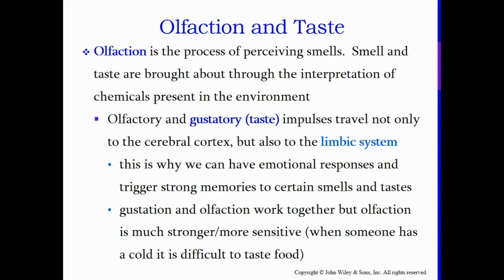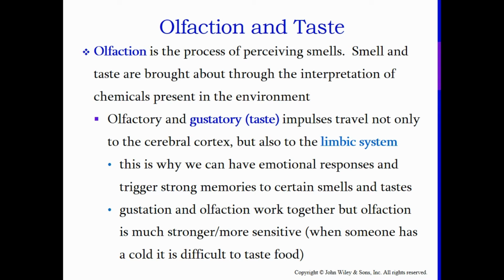So olfactory and gustatory taste impulses travel not only to the cerebral cortex, but also to the limbic system, which is a component of the nervous system, which we didn't cover, but let's just say it's part of your autonomic nervous system.